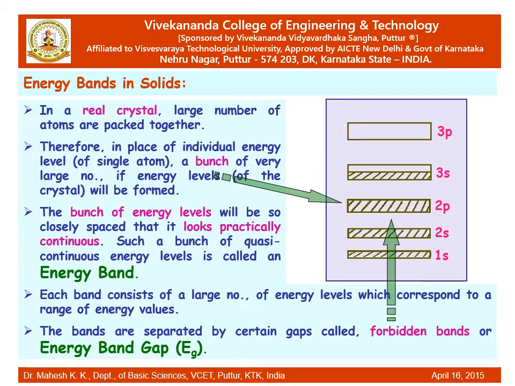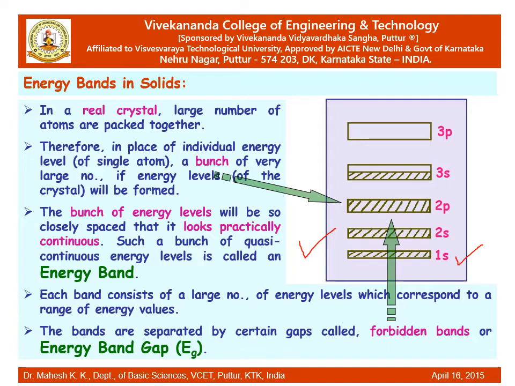Before going further, let us just look into the origin of band gap. You might have remembered in the previous classes of quantum free electron theory, these are the bands, they have filled bands, as you could see in the case of sodium.